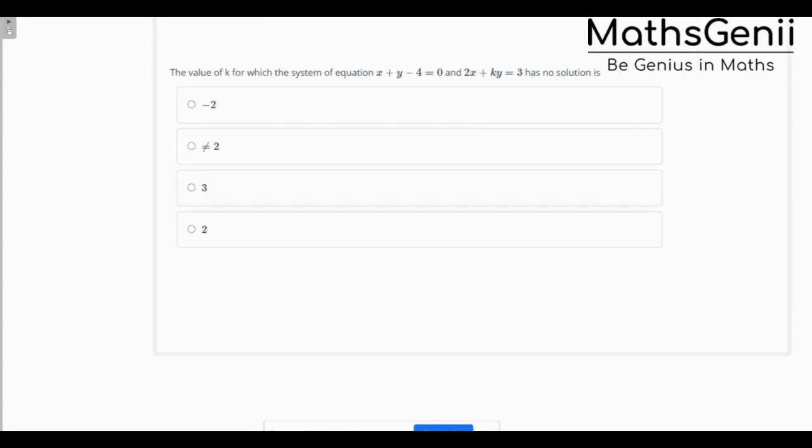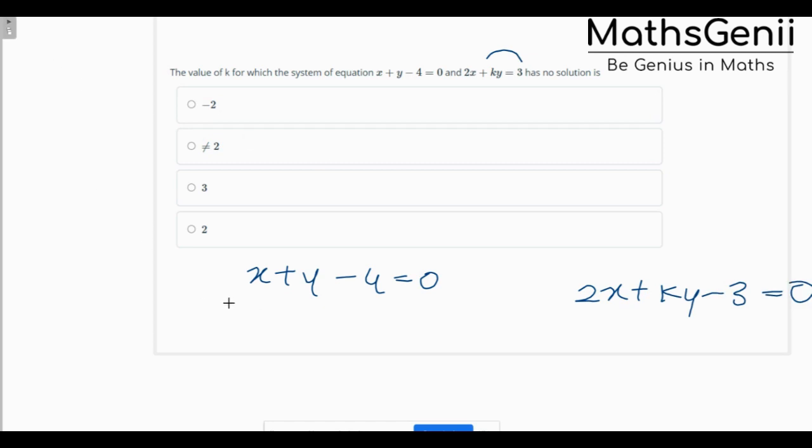Now in this question, if you see, again two equations are given. What I have taught you for two equations, let me copy the question quickly. This plus 3 I'm bringing that side, so becomes minus 3. What I have taught you, first write A1, A2.